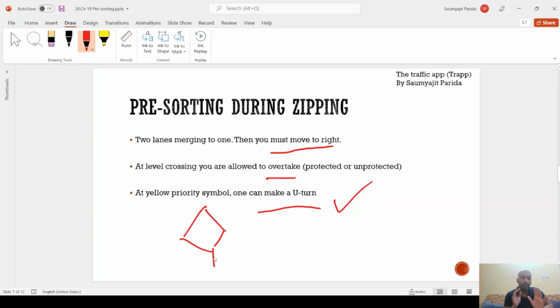So we have to be very clear on some specific scenarios only, like within the built-up area I am allowed to make a U-turn. If this is the plate within the built-up area, then in that scenario I am allowed to make a U-turn. Generally it is very rare that this kind of question will be asked, but I have mentioned this to be sure that I am covering all the topics.